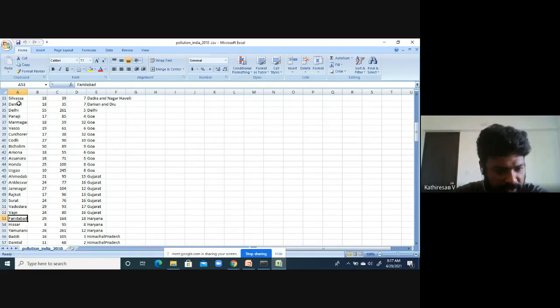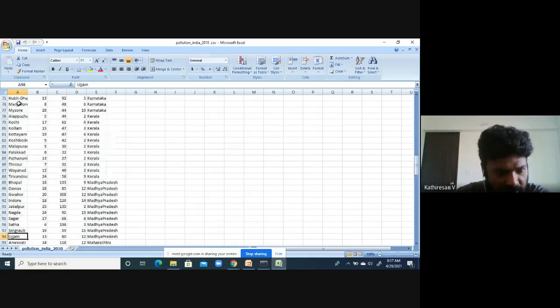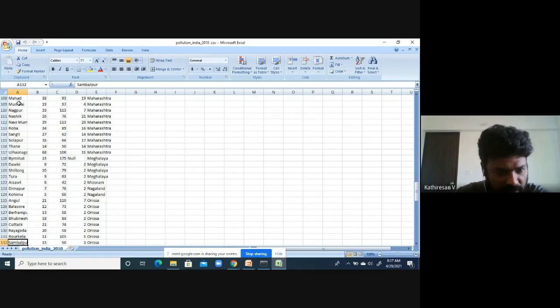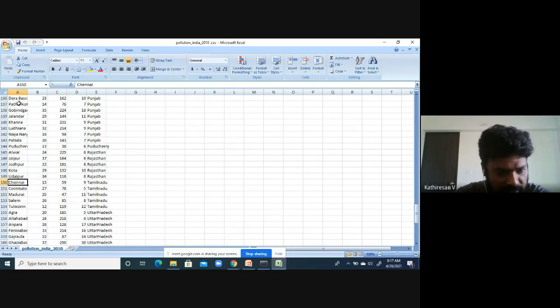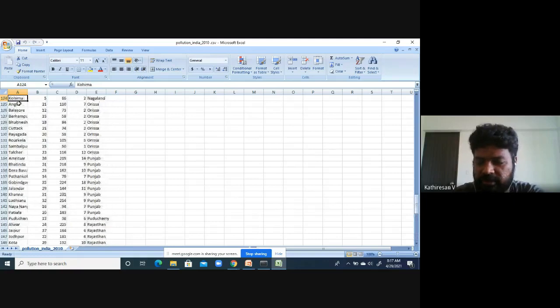Faridabad belongs to Haryana. Okay. So Himachal, all are there. Kerala, Kochi, Alapi, Mysore, Madhya Pradesh, Maharashtra, Odisha, Punjab, Rajasthan, Tamil Nadu. We have Chennai, Coimbatore, Madurai, Salem, Tuticorin. So these are all the data which we have.